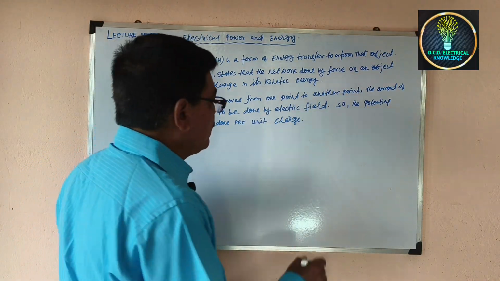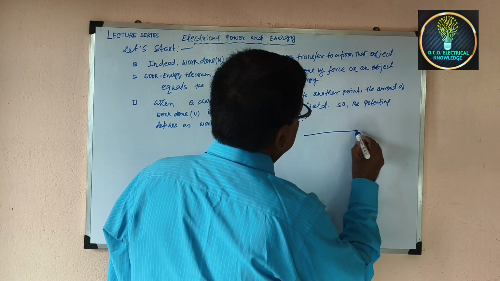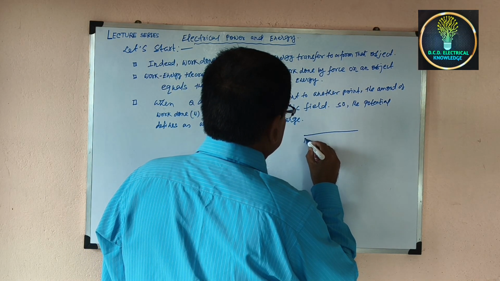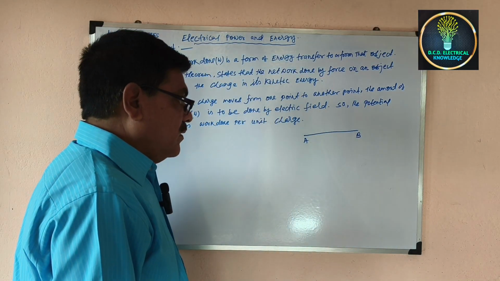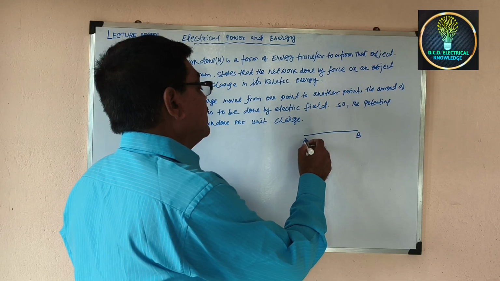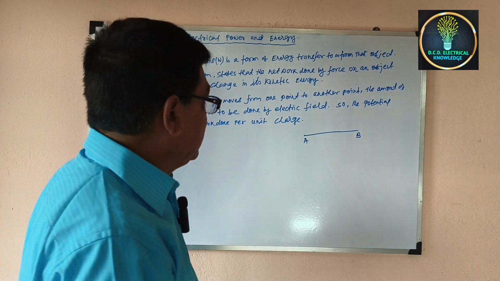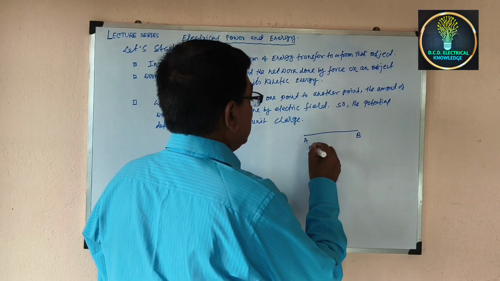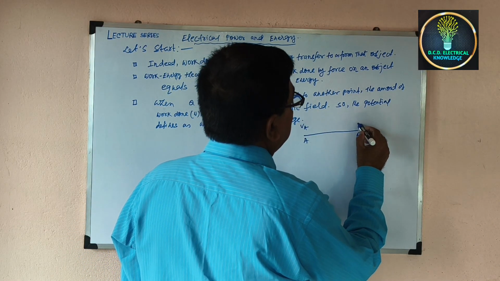Let us see, in an electric field, a conductor having 2 points A and B is placed in an electric field having the potentials VA and VB.